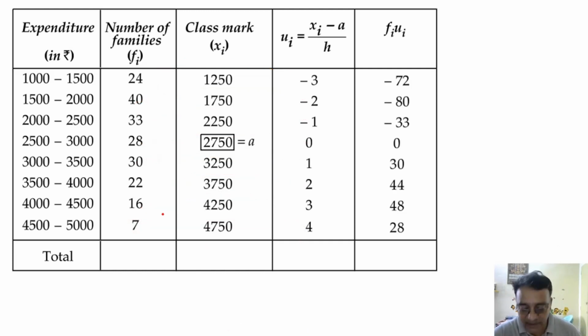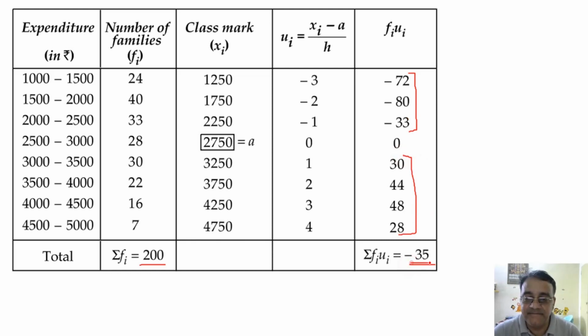Now total frequency is already given in the question, it is 200. Now we will add these 3 and these 4, then we will subtract. So we'll get -35.